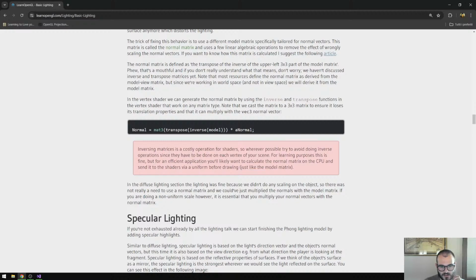In the diffuse lighting section, the lighting was fine because we didn't do any scaling on the object, so there was not really a need to use a normal matrix. If we are doing a non-uniform scale, however, it is essential that you multiply your normal vectors with the normal matrix.